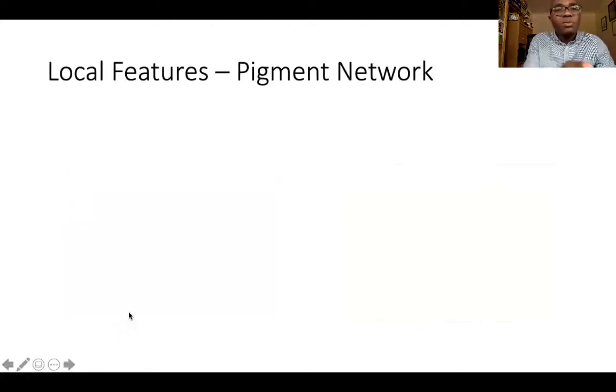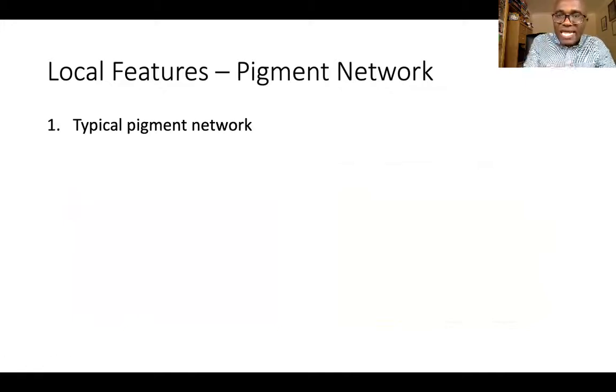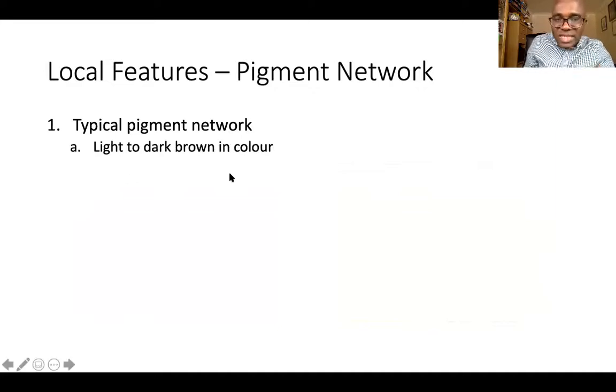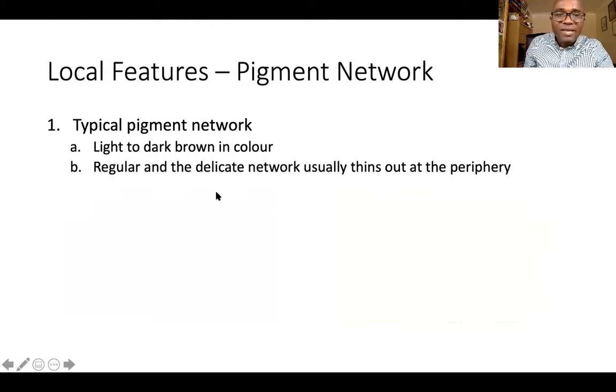So after the global features, then you look at the local features, and the local features can be the network features, so pigment network. Then you are looking at, are the network features typical, where you have light to dark brown color, regular, delicate network, usually thin at the peripheries?